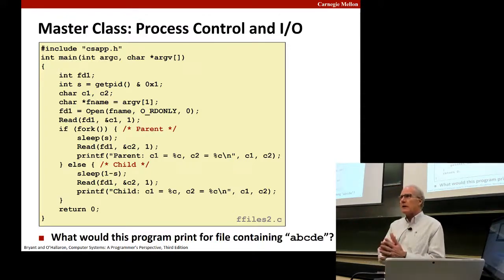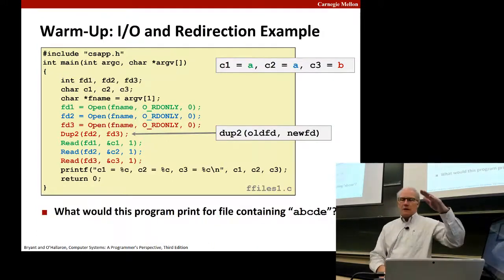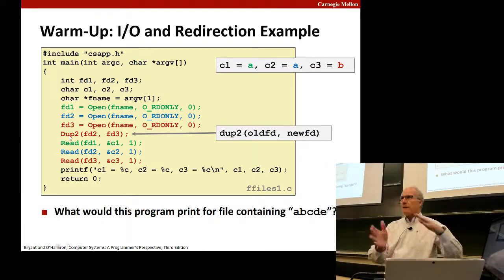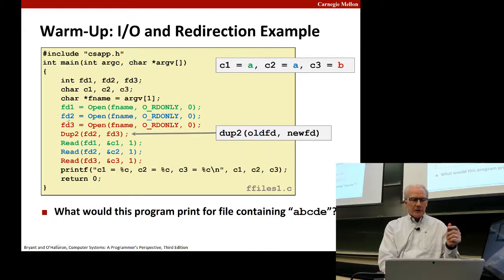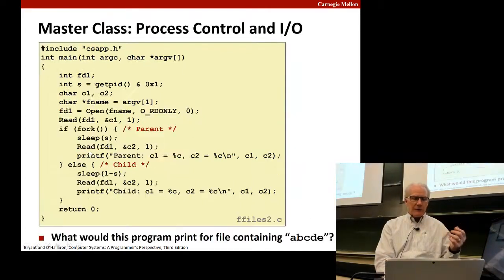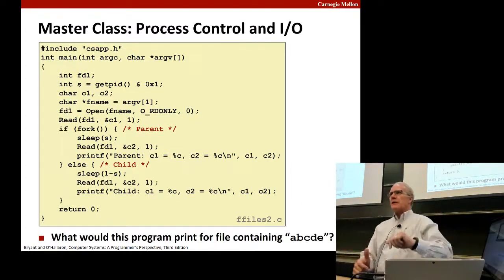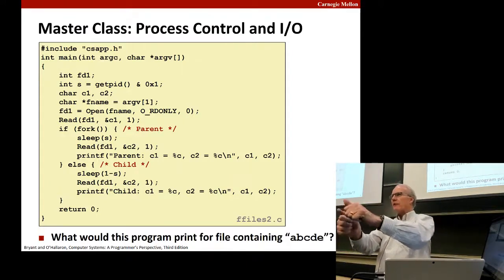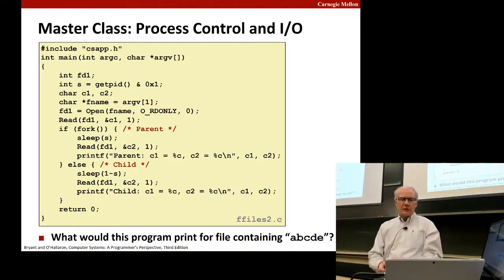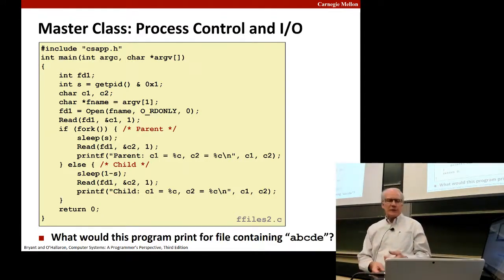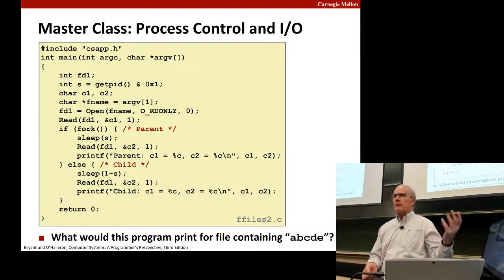Because I think it's a similar idea to before. If I took out that dup2, remember if I just open a file, actually it's different. Because these 2 are the same file descriptor, and even when I forked it, they're still pointing to the same entries. So they're sharing this position pointer. So one of them is going to read an A and the other is going to be a B. That much you can be sure of. But you can't tell necessarily which is going to go first, the parent or the child.